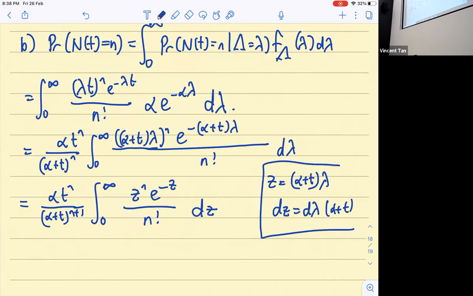The claim here is that this is Erlang of order n plus 1 with rate 1.